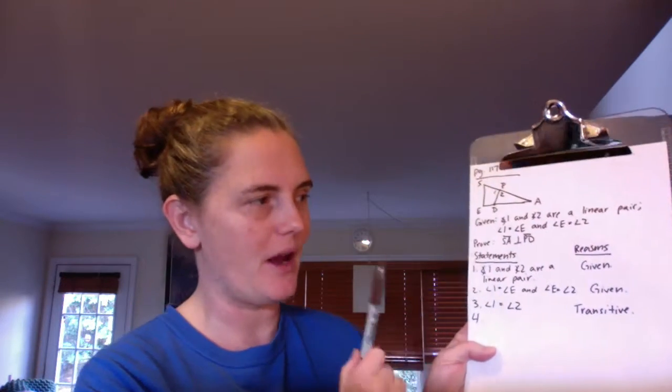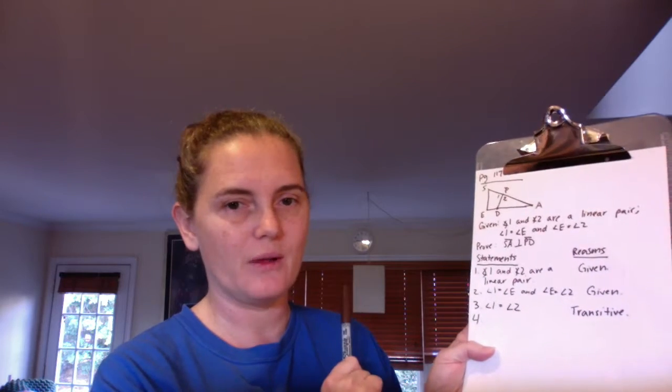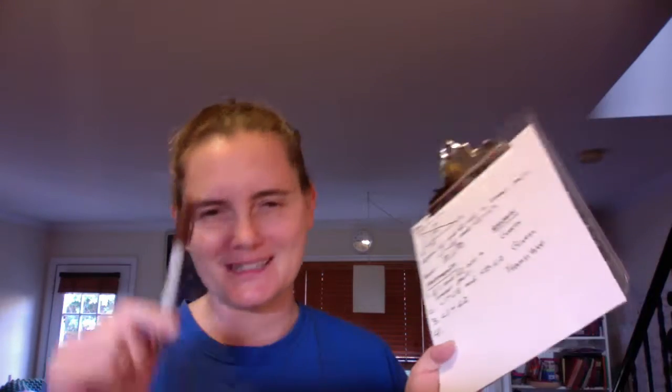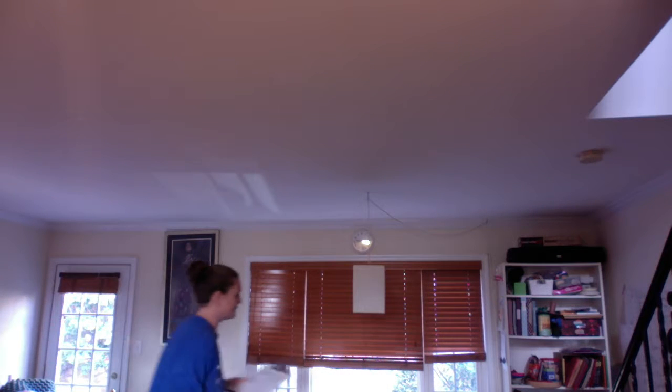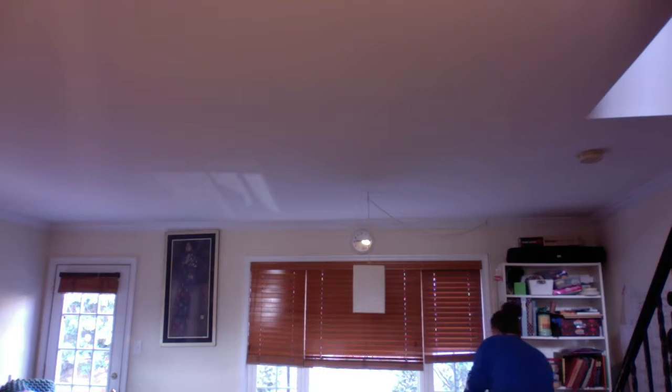We've got a linear pair where the angles are equal, and we have a theorem. Oh, Sydney, you'd be able to tell me which one it is. 8, maybe? 10? Let me take a look. Let's see.